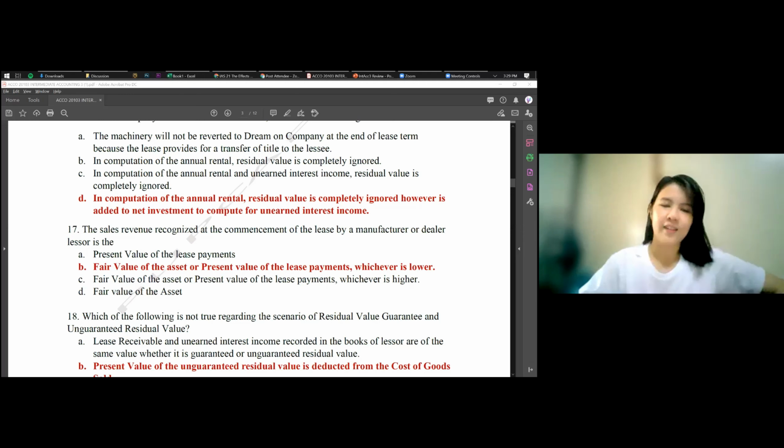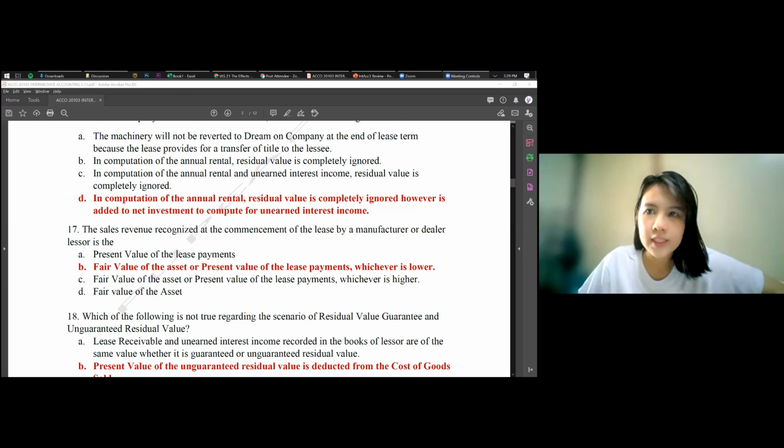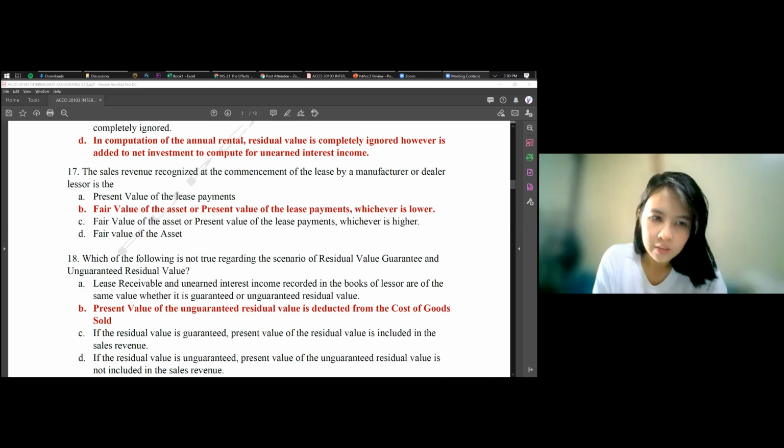So remember. Ayun. 18. Which of the following is not true regarding the scenario of residual value guarantee and unguaranteed residual value? So again, which of the following is not true? Okay. So lease receivable and unearned interest income recorded in the books of lessor are of the same value whether it's guaranteed or unguaranteed residual value.